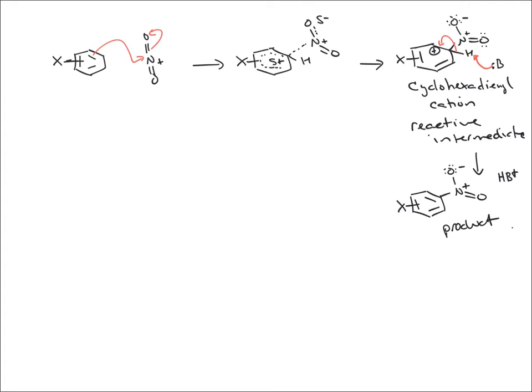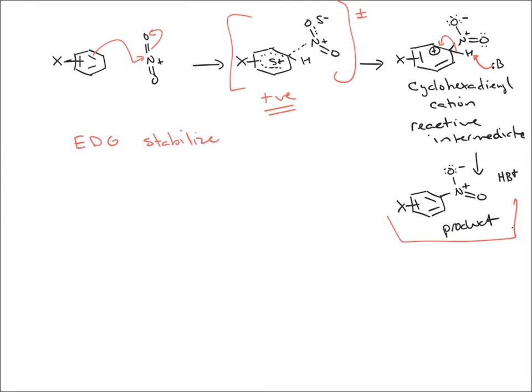And so we know in this reaction, our transition state structure is going to have significant positive charge formed in the aromatic ring, and that the product of the reaction is going to be the substitution product where we have substituted a hydrogen for the nitro group.